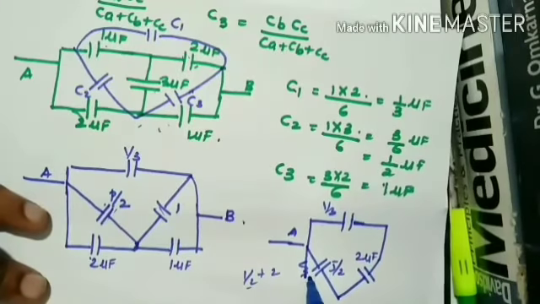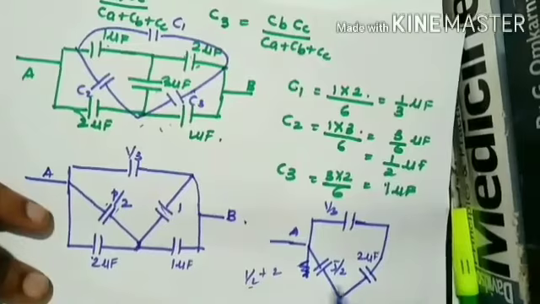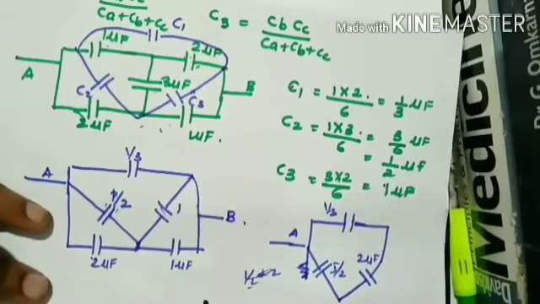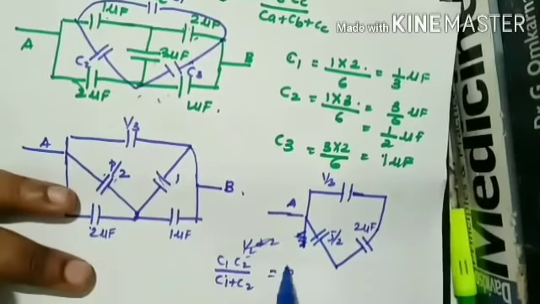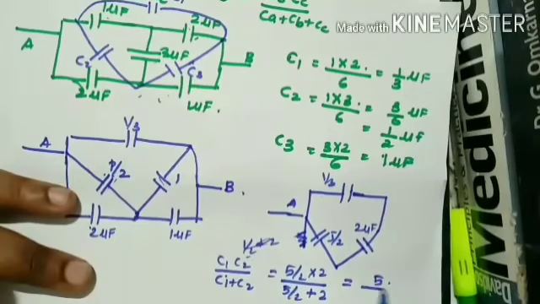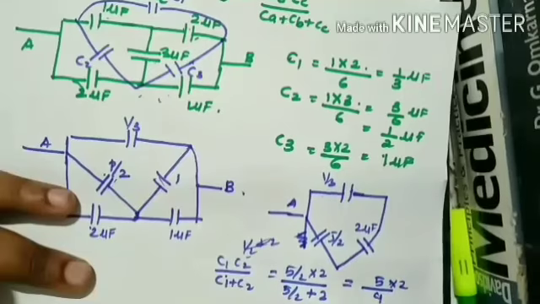Now 5 by 2 and 2 microfarad are in series. When in series, you take the reciprocal, or you write C1 C2 divided by C1 plus C2. So it will be 5 by 2 into 2 divided by 5 by 2 plus 2. So 5 divided by 9 by 2 is 10 by 9 microfarad.